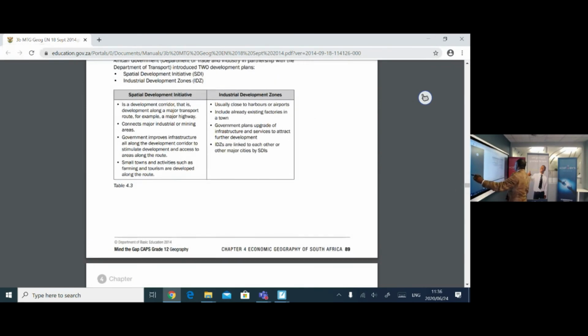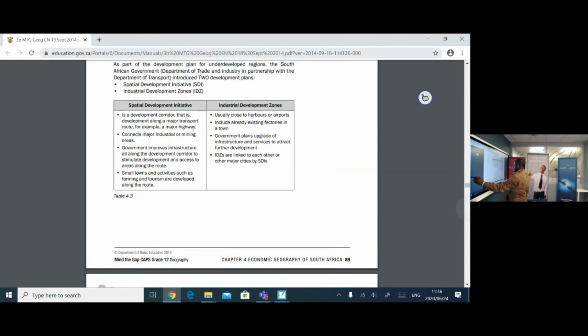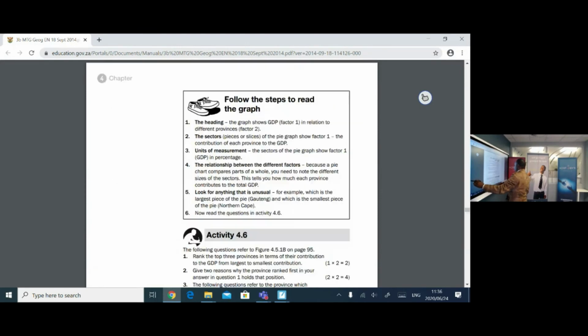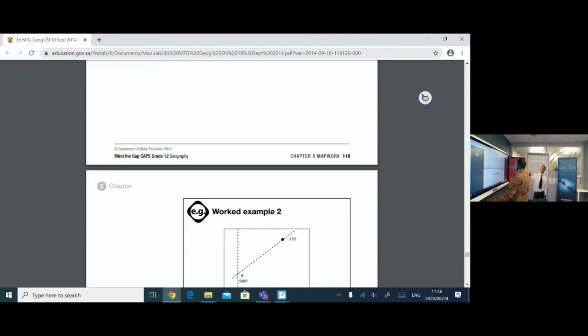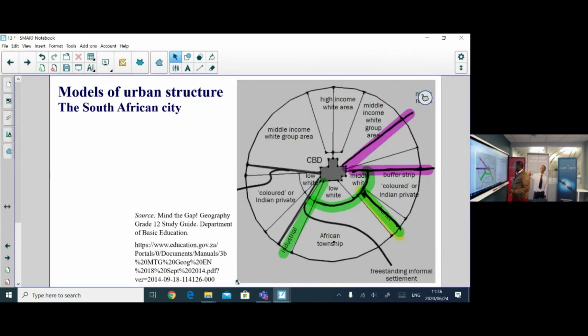I want to go to the zones and look at... no, it's not looking nice here. I just have to get out of this. Right.